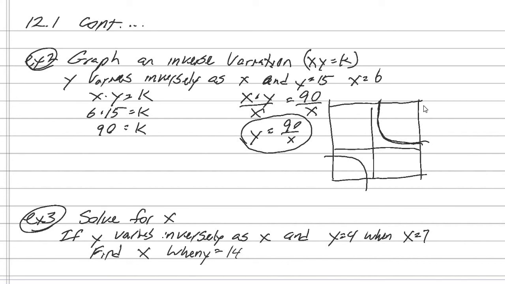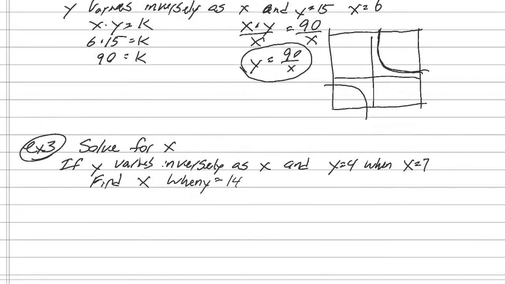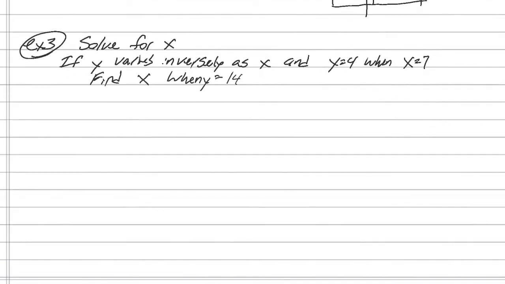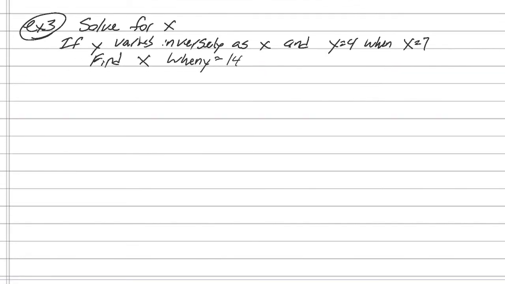Okay, so for my next example here, I'm going to scroll it up a little bit. I already wrote it out. It says solve for x, and we're given that y varies inversely as x, and y equals 4 when x equals 7.